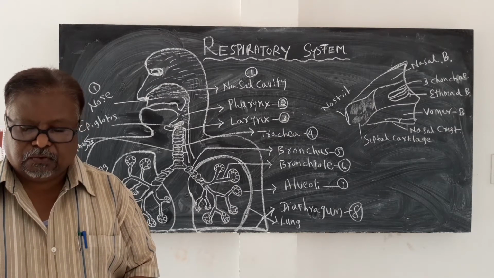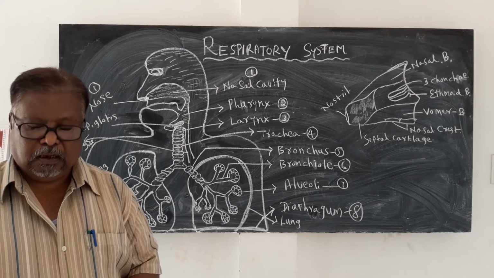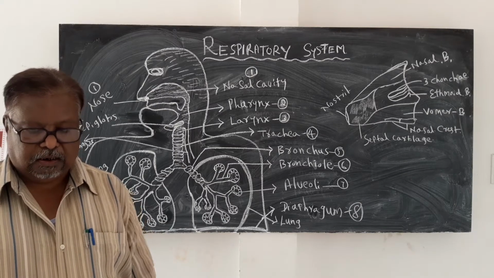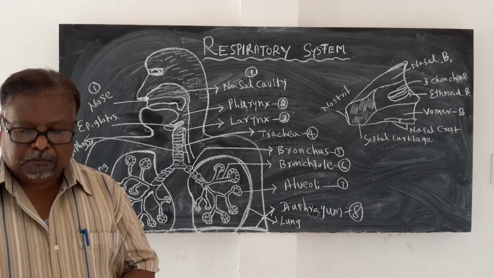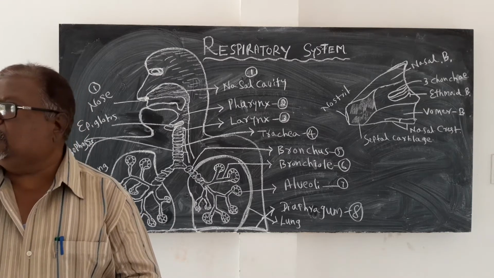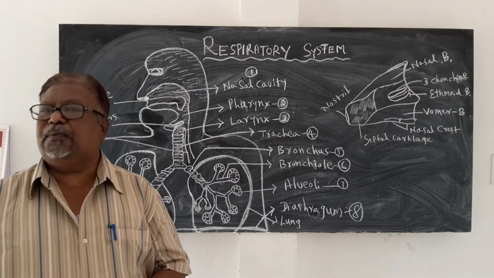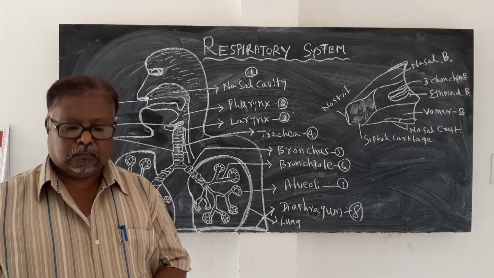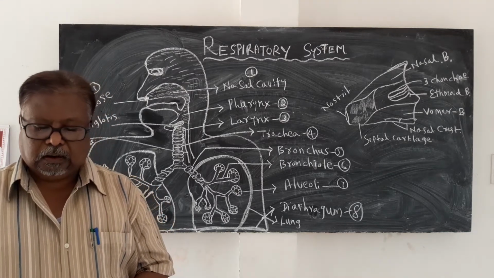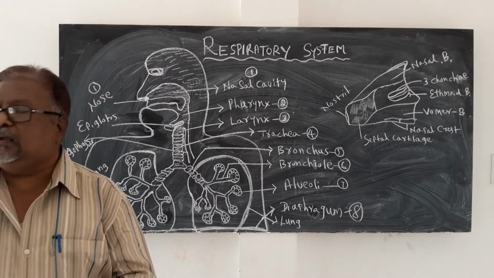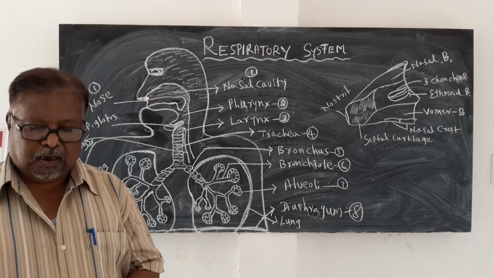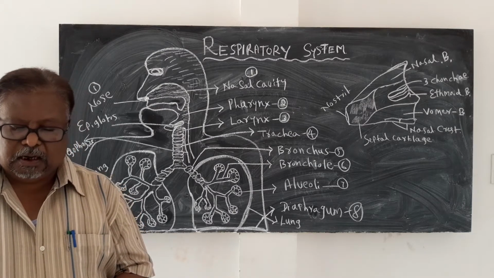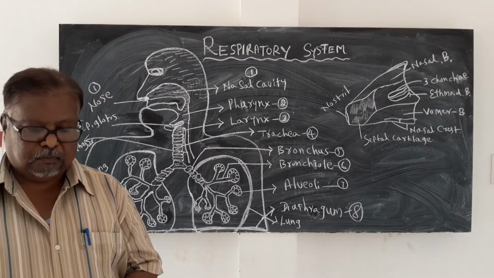In the second phase of respiration, carbon dioxide is taken in the lungs and expelled out, which is called expiration. So in the expiration, the carbon dioxide is taken inside the body, the blood, and then it will be expelled through the lungs.